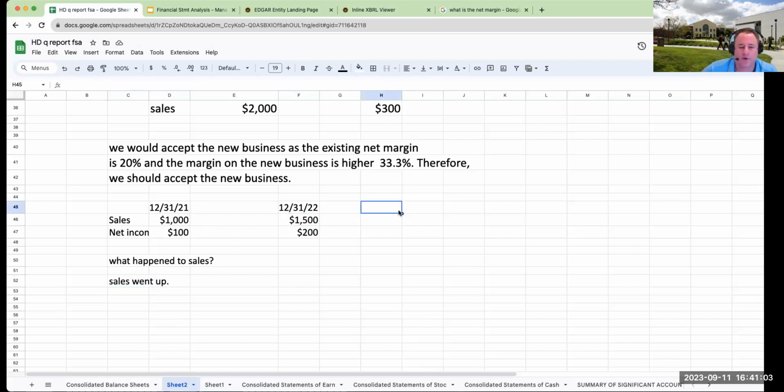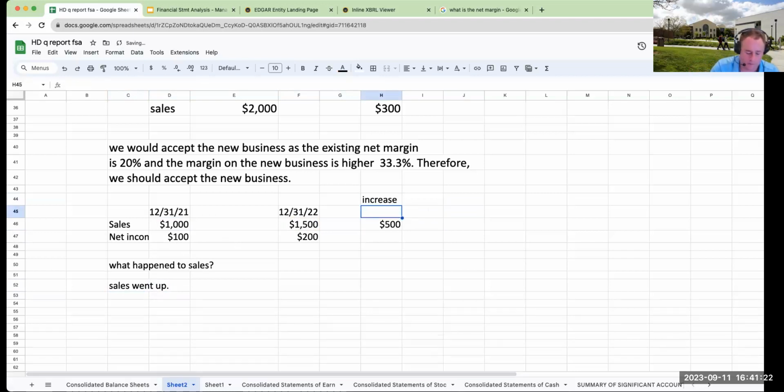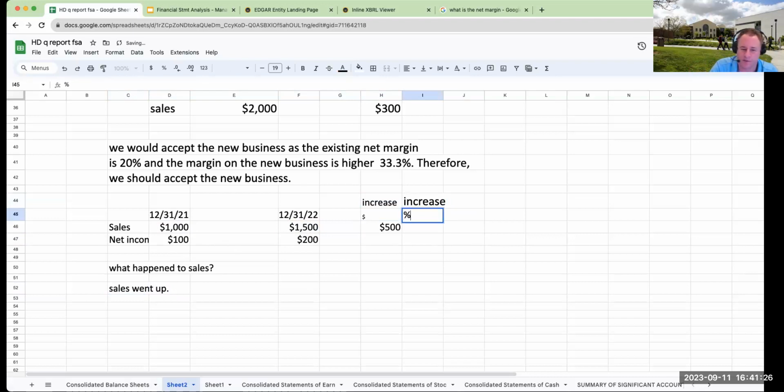So when we look at this over here, what we want to say is the sales increased by 500. So we saw an increase in sales of 500, but let's make this even better: the increase in dollars and then an increase in percentages.